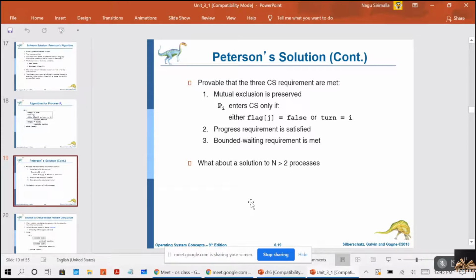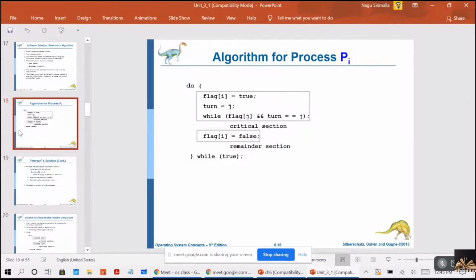Initially, if Pi wants to enter into the critical section, flag of j should be false. That means Pj does not want to enter into the critical section, and turn is equal to i. When these two conditions are satisfied, then only Pi can enter, right?